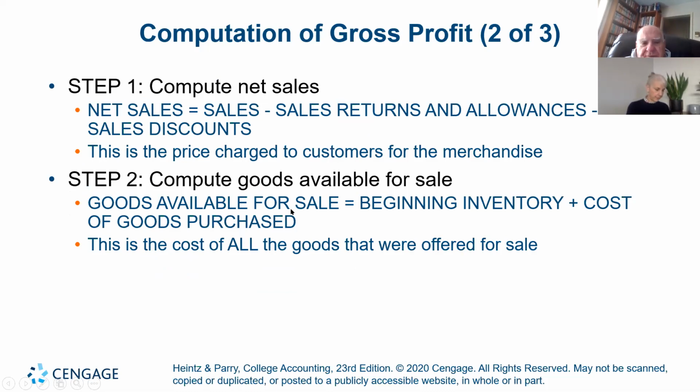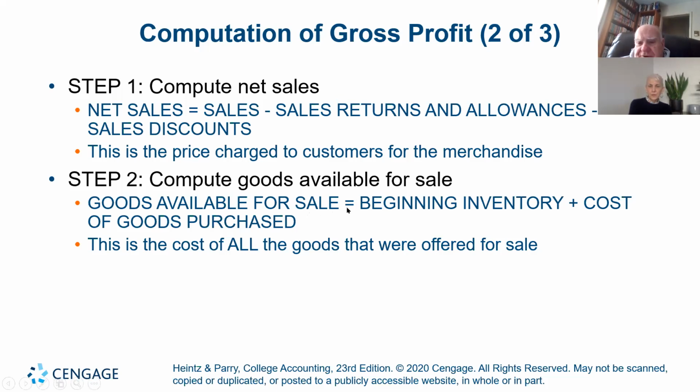Compute cost of goods available. Let's just look at this one sentence, Lori, okay? Goods available for sale. I wish they'd said this in better English. Beginning inventory plus the cost of goods purchased gives you an amount available to sell.